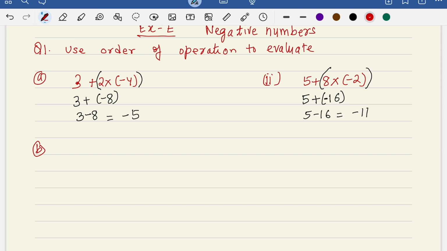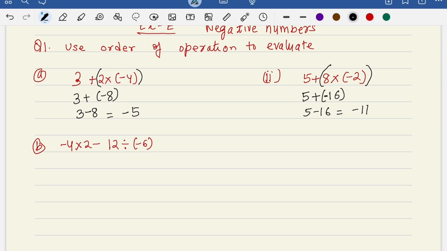Then we have B part. Minus 4 times 2 minus 12 divided by minus 6. So division is done first. Minus 4 times 2 would become minus 8.